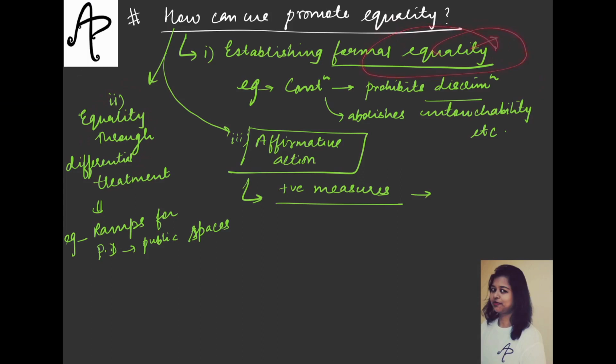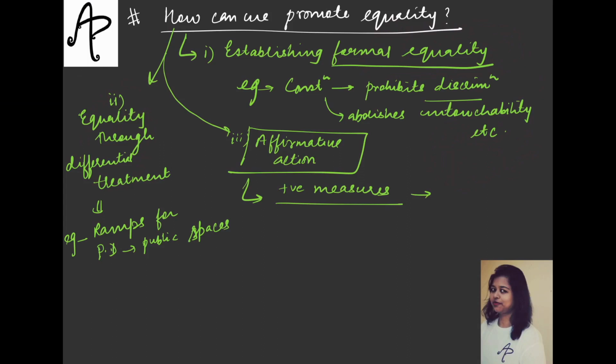Because there have been certain groups who in the past have suffered, this is based on this idea, not my idea, that there have been groups which have suffered past inequalities, and you need to help them, and you cannot treat them equally with the other groups, so you need to help them come out of that situation.